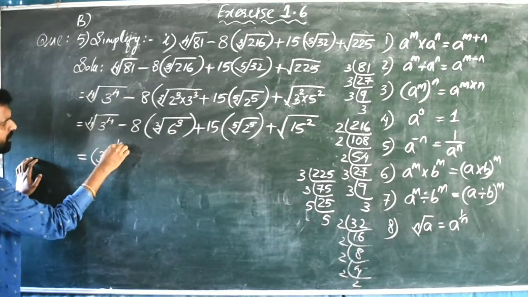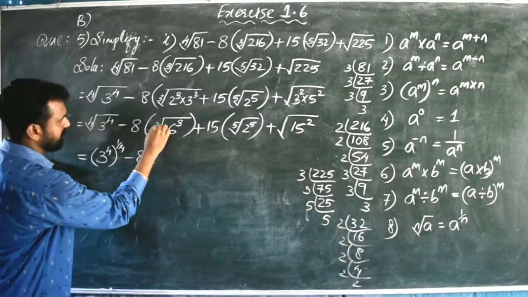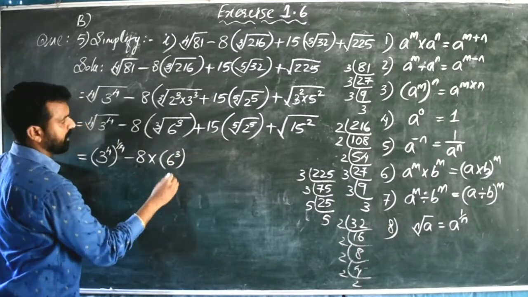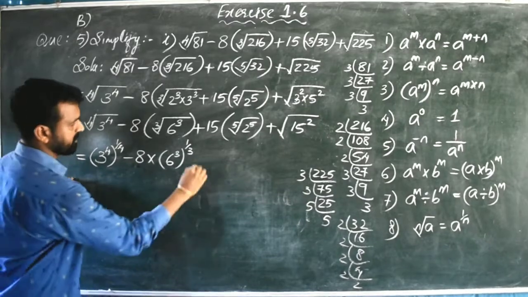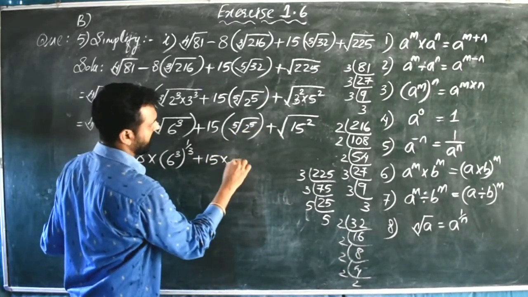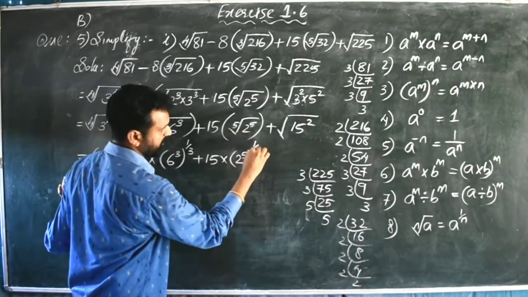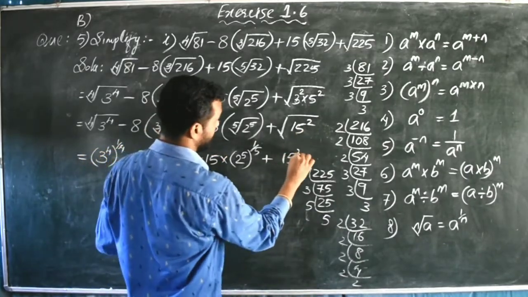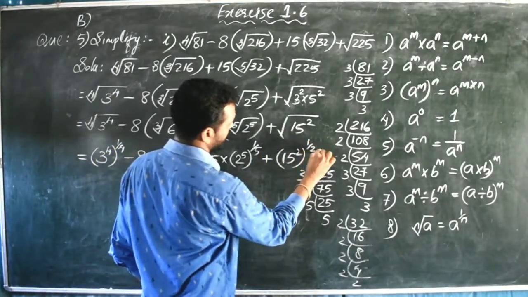Fourth root we can make it as 1 by 4 as a power minus 8 into this cube root we can make it as power, 6 raised to 3 is there inside that, raised to cube root, if you are making it as a power it will become 1 by 3, plus 15 into fifth root of 2 raised to 5. 2 raised to 5 is there inside the fifth root. Fifth root if you are making it as a power it will become 1 by 5, plus 15 raised to 2 is there inside the square root. Square root if you are making it as a power it will become 1 by 2.